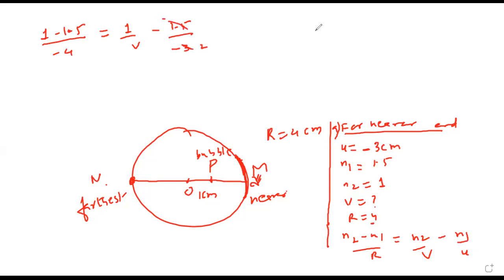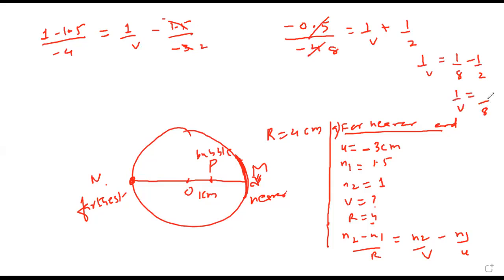So minus 0.5 upon minus 4 is 1 upon V plus 1 upon 2, that is 0.5 into 8. So this will become 1 upon V equals 1 upon 8 minus 1 upon 2. Therefore 1 upon V is, LCM 8, 1 minus 4. Therefore V equals 8 upon minus 3, which equals minus 2.7.